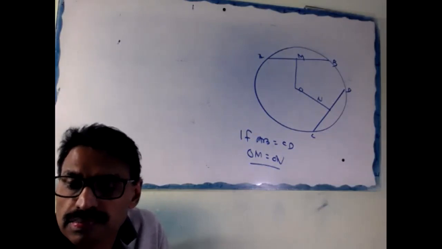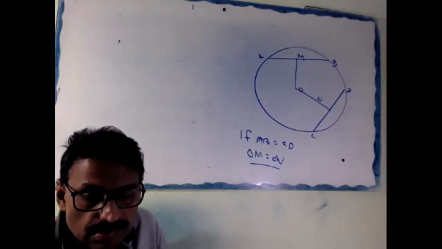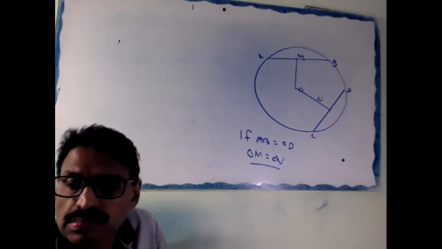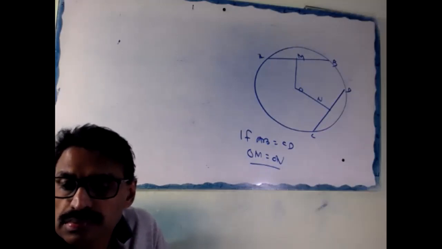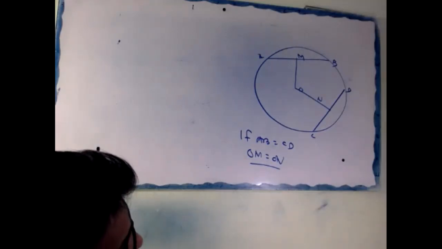That means, listen here, if AB equal to CD, OM equal to ON.